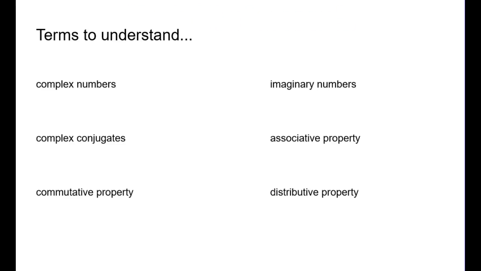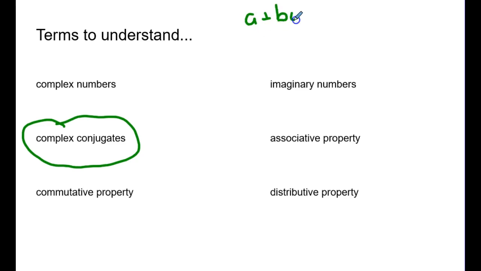In the beginning, we discussed there are 6 terms in this lesson you need to be familiar with. We referenced all of these except complex conjugates. What a complex conjugate is, if we have a plus bi, our base standard form for a complex number, the complex conjugate is a minus bi.